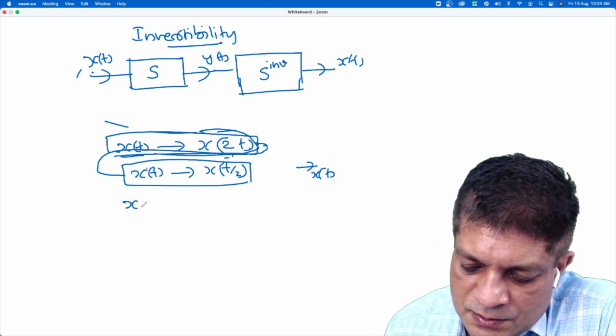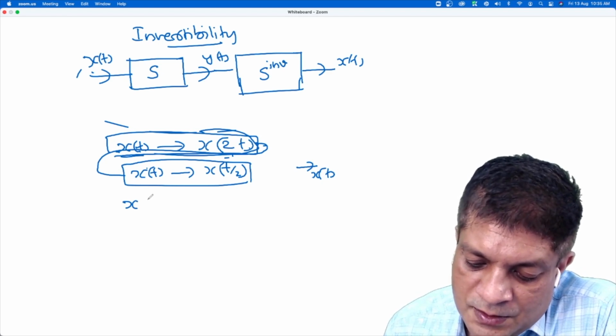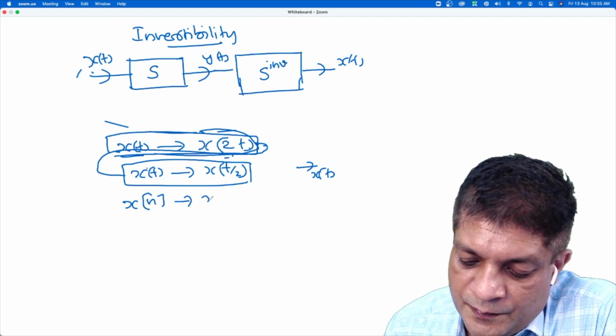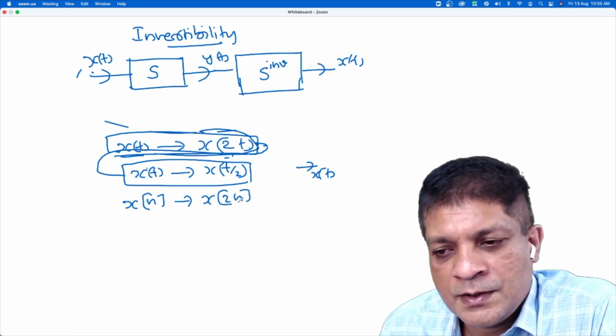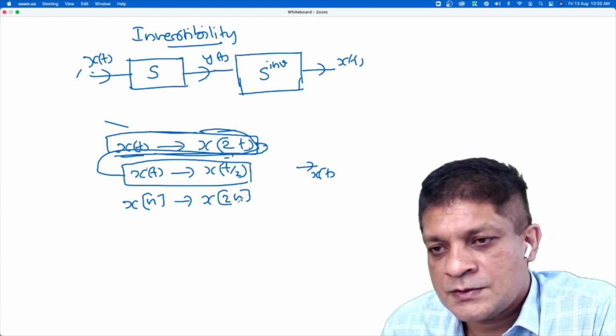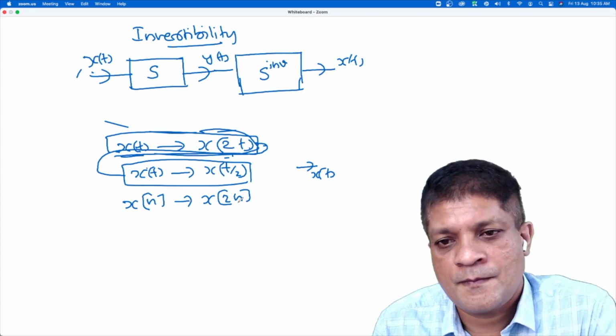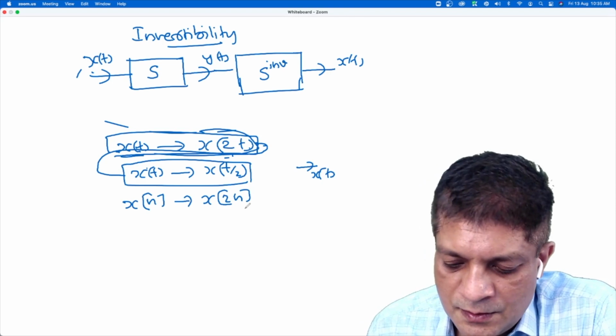Now, what about this? Let us consider the discrete-time counterpart of this operation, that is x[n] to x[2n]. Is it an invertible system? No, sir. What is the reason? Sir, information gets lost in this. Some information is lost, isn't it?